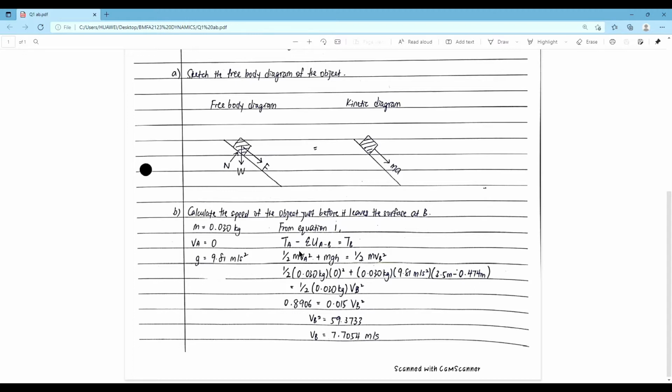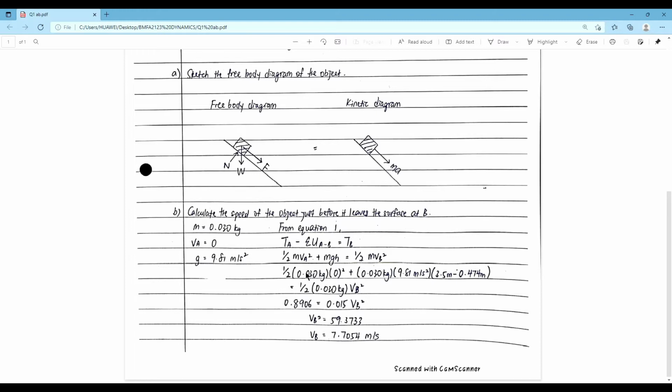We need to find VB. We can obtain the speed by using equation 1, the conservation of energy theorem. It can be written as 1 over 2 m VA squared plus mgh equal to 1 over 2 m VB squared.